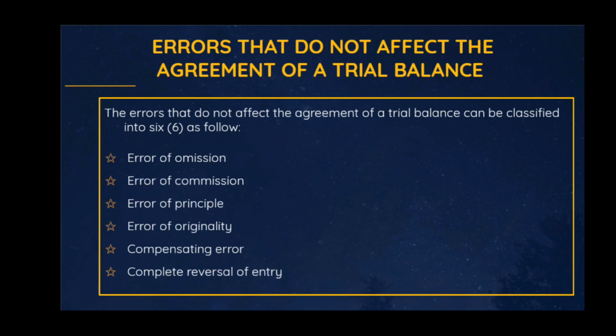These can be categorized into six, which are error of omission, error of commission, error of principle, error of originality, compensating error, complete reversal of entry. So we will be taking these errors one after the other, and we will be considering an example under each of the errors.